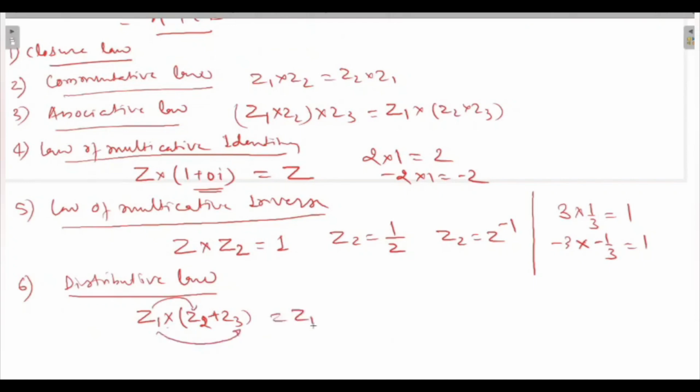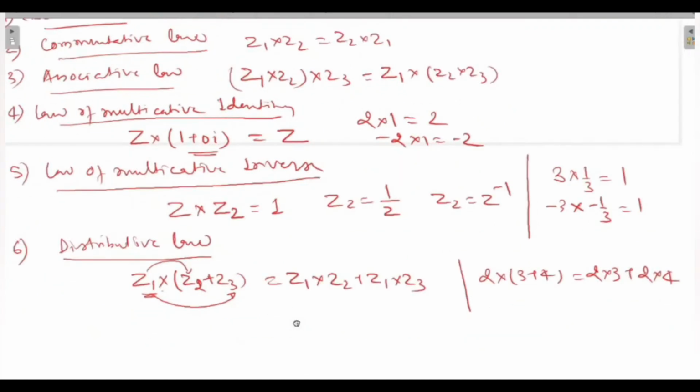It will be z1 into z2 plus z1 into z3, which we also know for real numbers, like 2 into (3 plus 4) equals 2 into 3 plus 2 into 4. The same law is applicable here as well. So z1 is distributed over z2 and z3, and that's why it's called the distributive law.